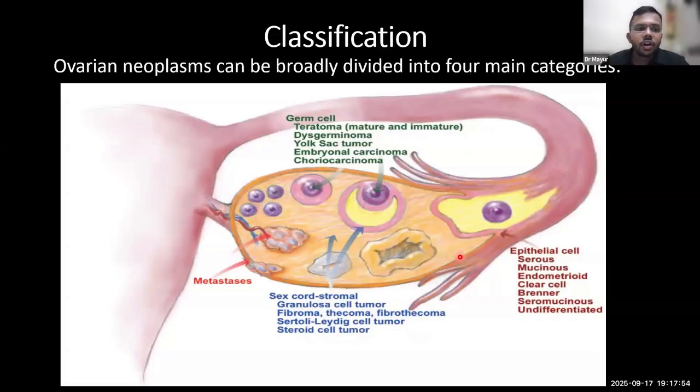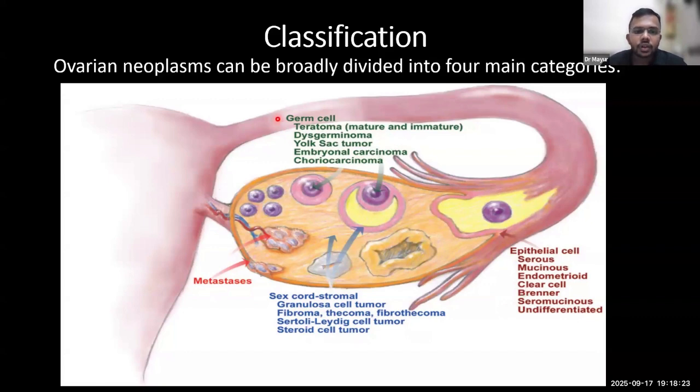Coming to classification of ovarian neoplasms, they are broadly subdivided into four main categories: epithelial cell tumors, germ cell tumors, sex cord stromal tumors, and metastasis or miscellaneous lesions. Of these, the most common is the epithelial cell neoplasms, and these include serous, mucinous, endometrioid, clear cell, Brenner's, seromucinous, and undifferentiated varieties.